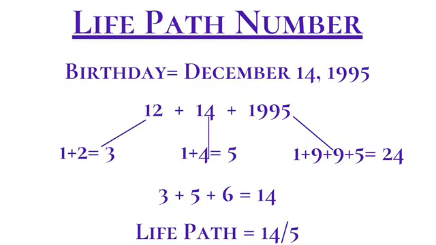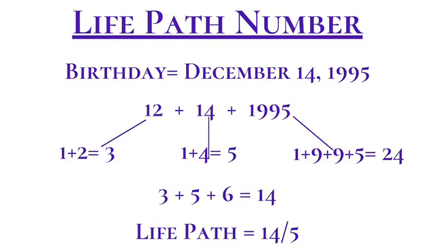So I'm going to show you how to calculate the life path number first, because that is the most important number in your chart and it is your main purpose in life. So the life path number is basically determined by your date of birth. All we're doing is adding all of the numbers together in your date of birth until we break them down and get a single digit.